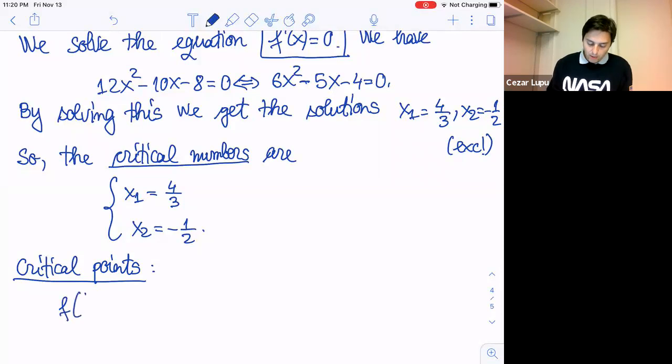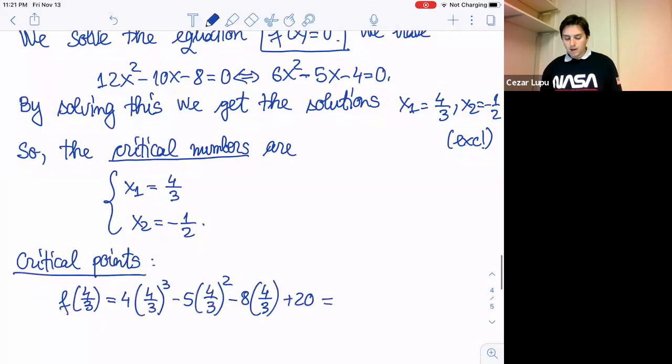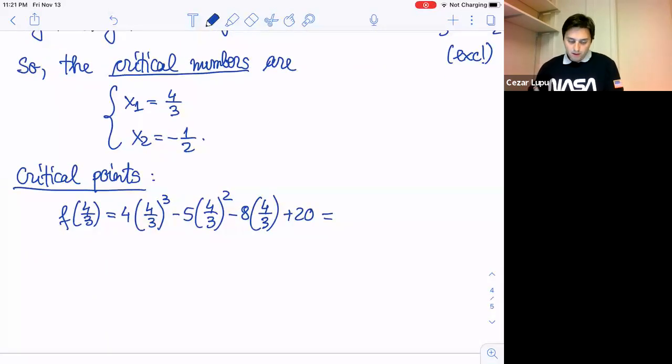We will evaluate f at 4 over 3. So we'll have 4 times 4 over 3 cubed minus 5 times 4 over 3 squared minus 8 times 4 over 3 plus 20. If we do all these computations, I'm just going to say it directly, this would be 288 over 27.